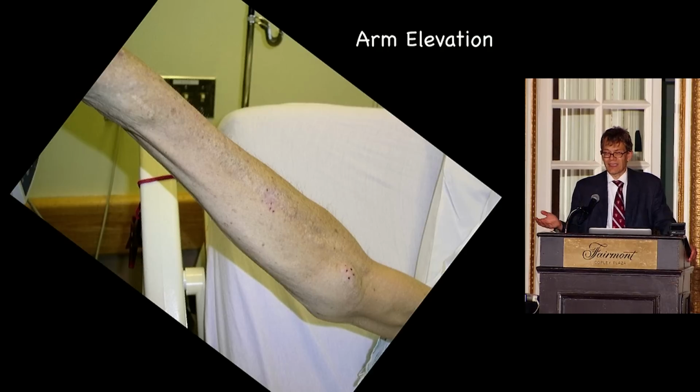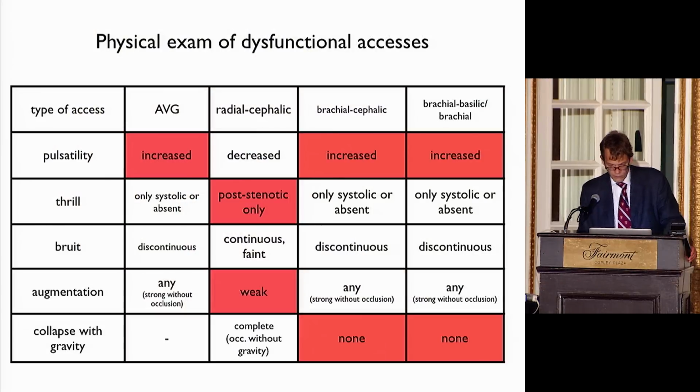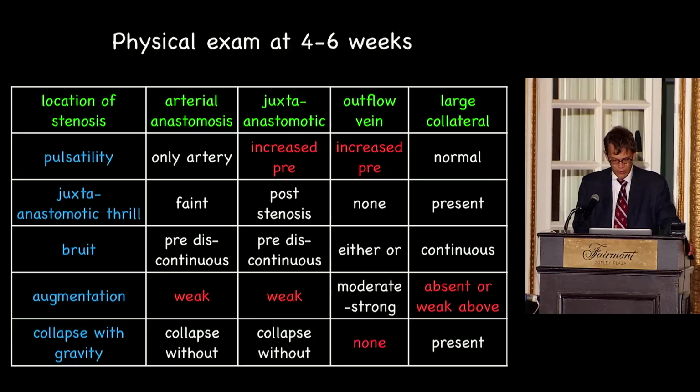If you have an upper arm access, very rarely, almost only in the setting of an inflow stenosis, will you get complete collapse. You get partial collapse, but rarely complete collapse because the flows are much higher and the outflow is more difficult. It's through the cephalic arch or the basilic swing point. I think you have that in the online handout, just a composition of what type of access you combine with what kind of physical exam with these 5 qualities in the setting of a typical stenosis.